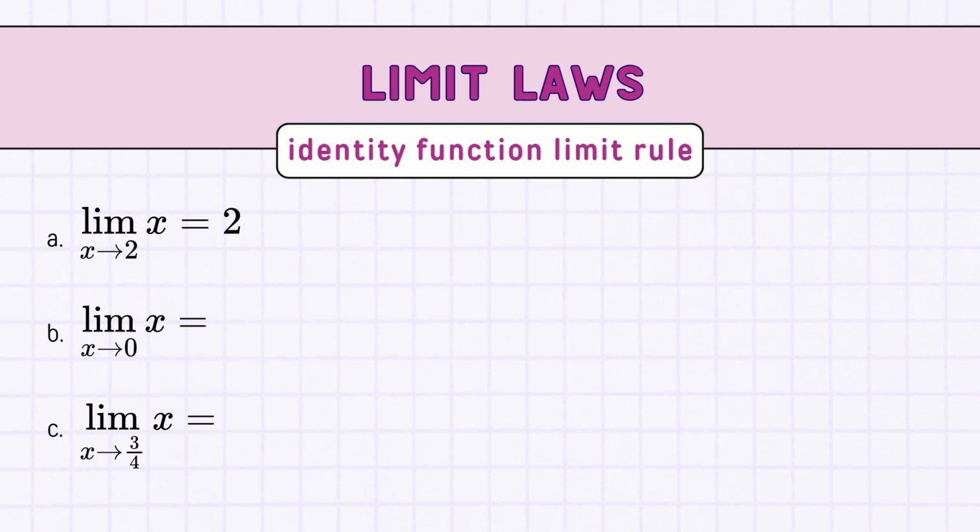Next, the limit of x as x approaches 0 is 0, and the limit of x as x approaches 3 over 4 is 3 over 4. So, as we can see in the identity function limit rule, if we see a variable, the value that x approaches will be the answer.